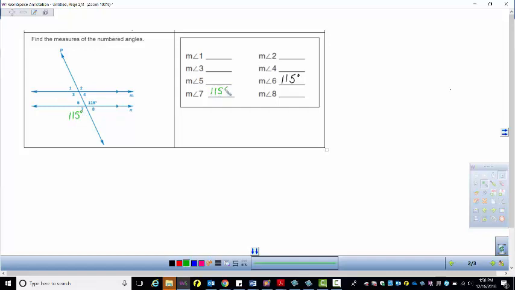Then I know that these two make a linear pair, so I could take 180 minus 115, and I think that is 65. So angle 8 is 65 degrees. Then I look at my vertical pairs again. 5 and 8 are vertical, so angle 5 is 65 degrees.